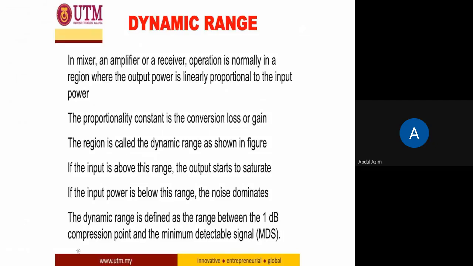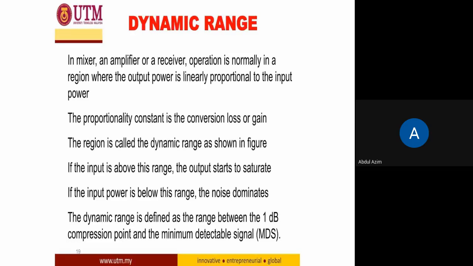Here in this region, basically we can take output over input and measure it. If the output is bigger than the input, it is considered an increase in gain. If the output is less than input, you can consider it a conversion loss.